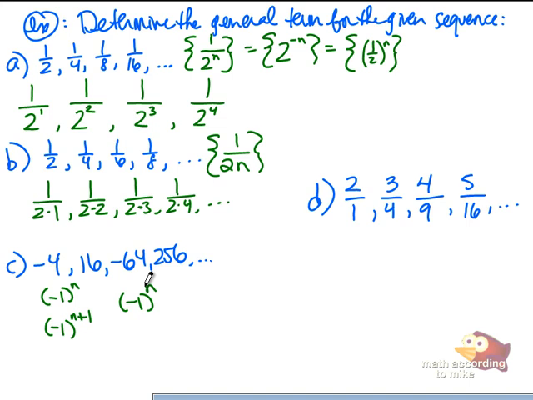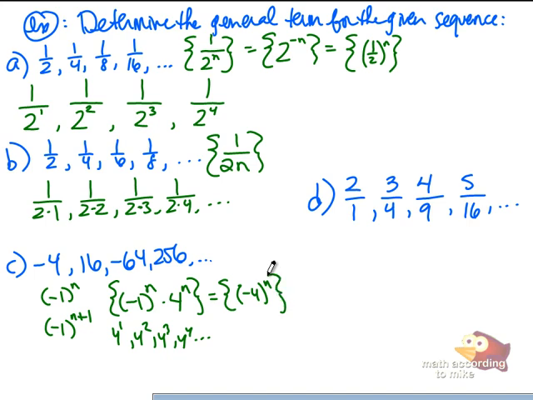So this is really 4 to the first, 4 to the second, 4 to the third, 4 to the fourth, so on and so forth. So what are we going to multiply this negative 1 to the n by? So you could write this as one term, negative 4 raised to the n power. Either of these are acceptable.